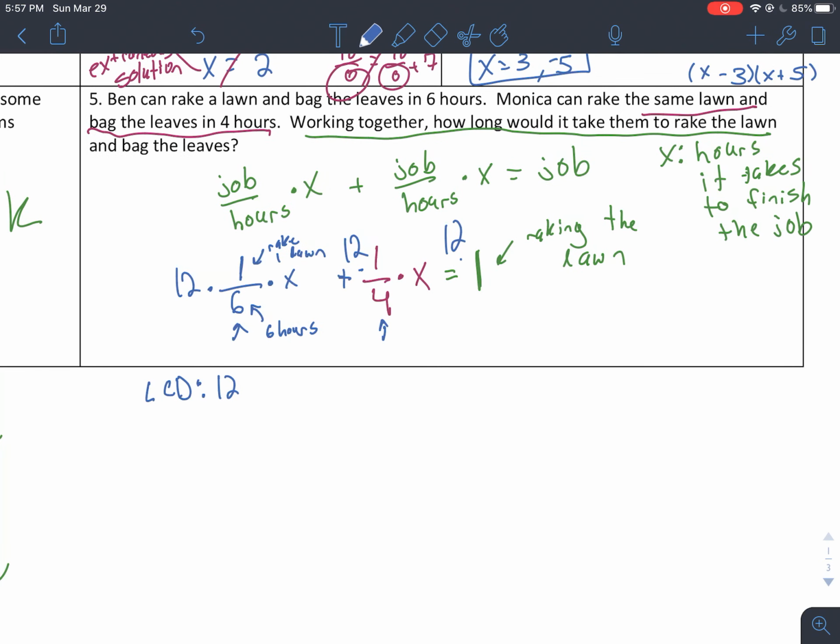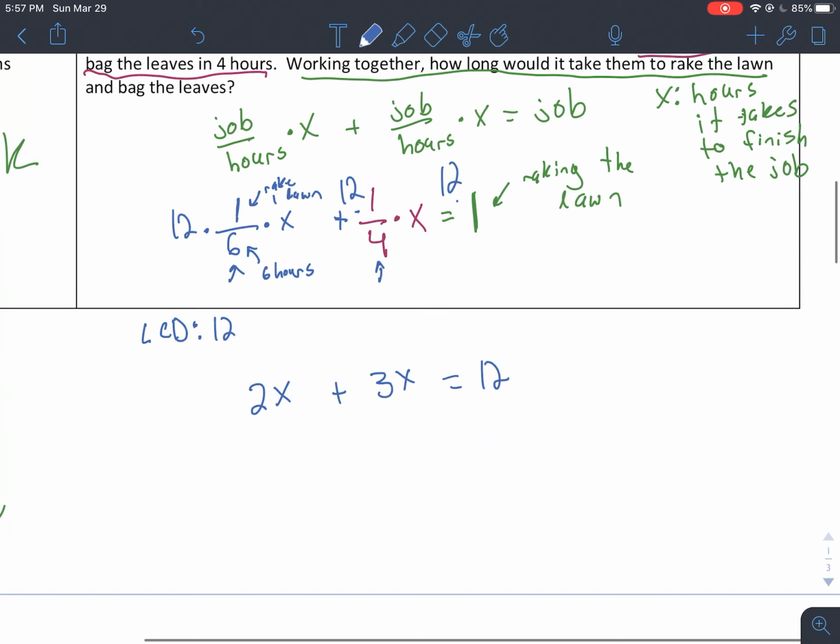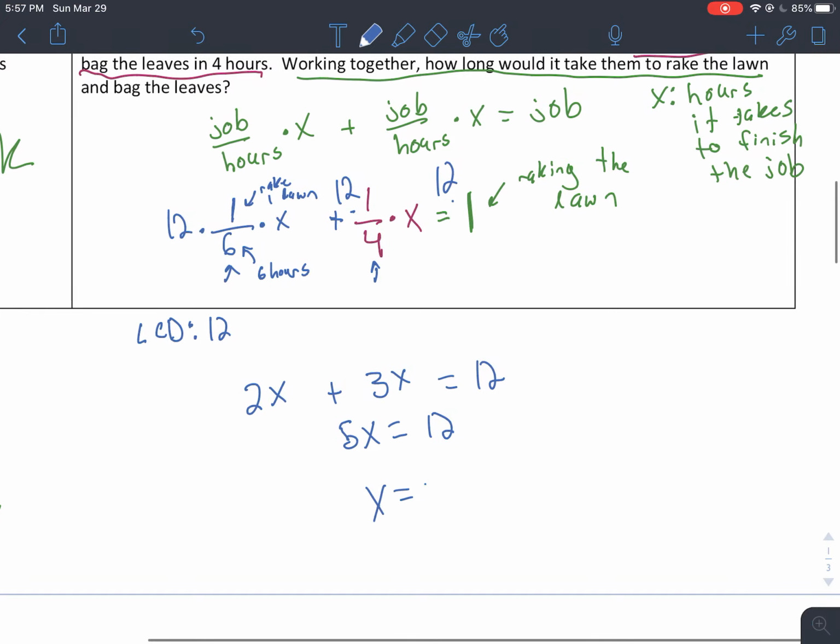That's going to give us 12 divided by 6 is 2x. 12 divided by 4 is 3x equals 12. Right? So then 5x is equal to 12. So then x is going to be equal to, what is that? 12 divided by 5, 2.4.